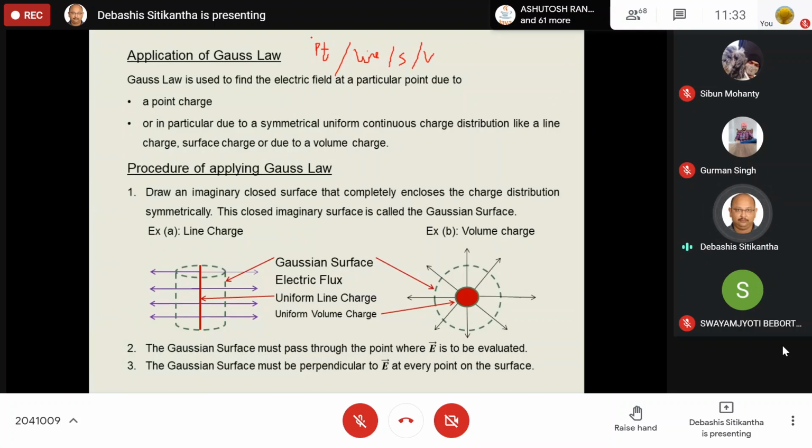Okay, so we will make use of this Gauss law in order to find the electric field because of these types of configuration. Now we have already derived the expression for electric field due to a point charge. We have already done it for a line charge. Now we will see by application of this Gauss law how easily you can evaluate the electric field at a particular point.